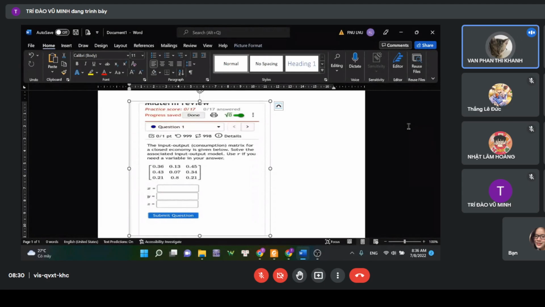Use R if you need a variable in your answer. It's a closed economy. It means that you don't have external demand. You just have internal demand. But of course, in this case, I show you.